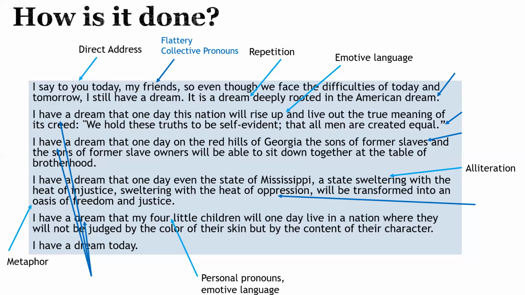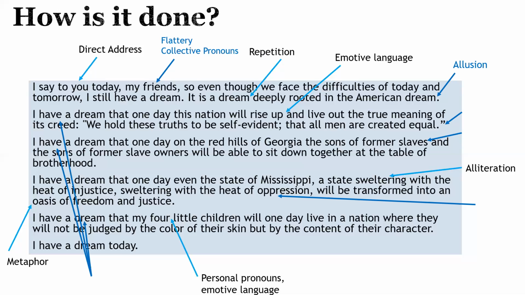And he's also using collective pronouns. So he had the personal pronouns, mine, I, but then he's talking about us. He wants the audience to be involved with him, my friends, us, our, we are together in this. And it really gets the people on his side.